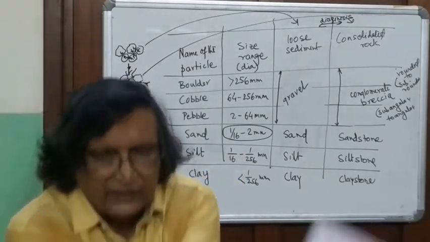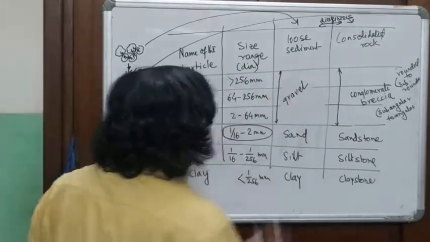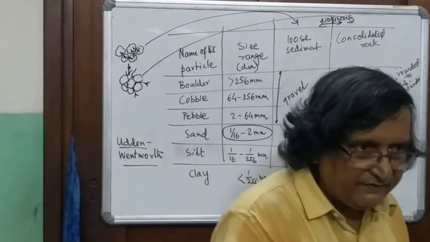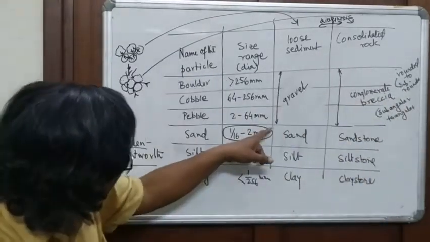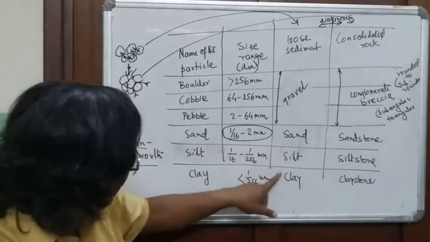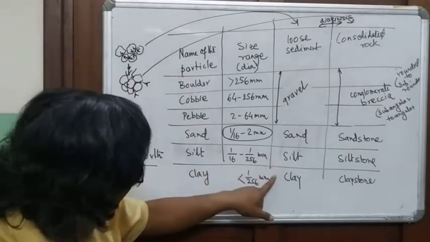This is an aggregate that you pick up with the hand. If it is more than 2 millimeters in size, it's called gravel. If you have 2 to 1/16 millimeter, it is called sand. And if it is 1/16 to 1/256, it's called silt. And then you have clay.